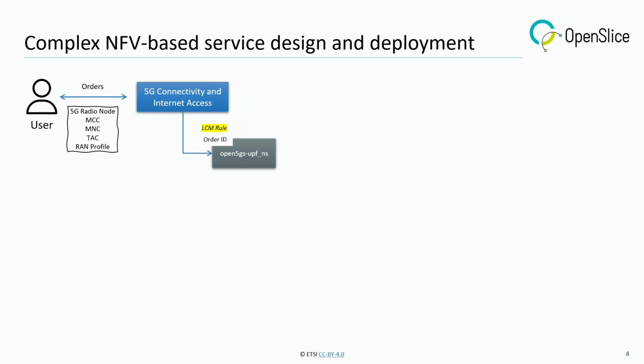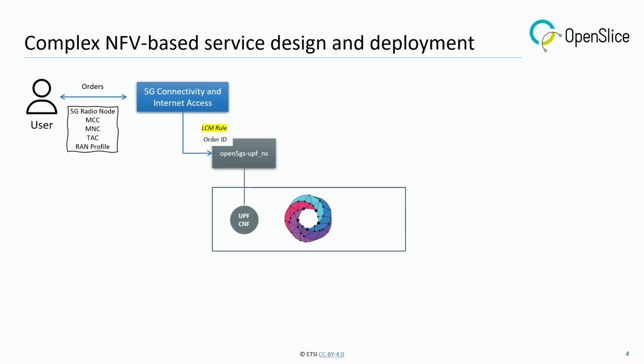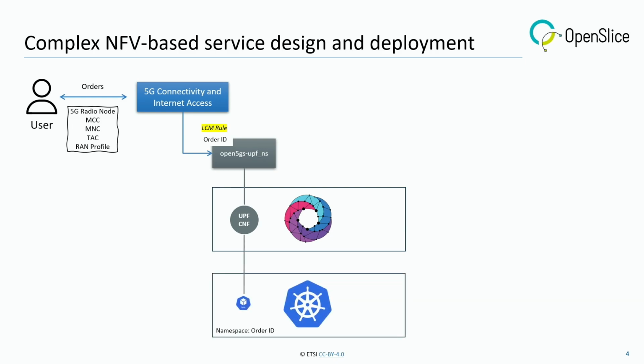So this order ID was delegated to OSM through the instantiation payload, which was respectively delegated to instantiating the service at Kubernetes level. The order ID was used as a namespace so as to differentiate different 5G instances in the same Kubernetes node.